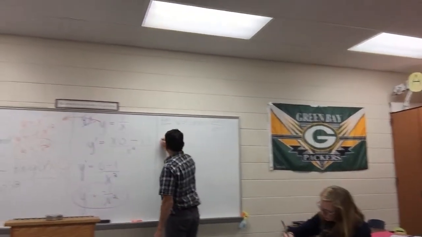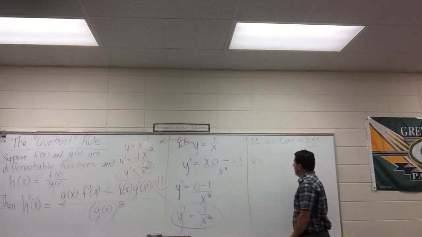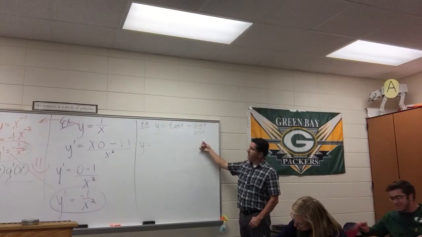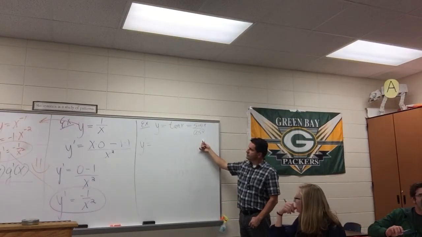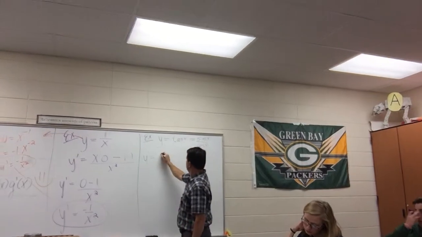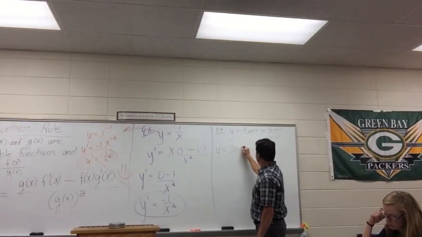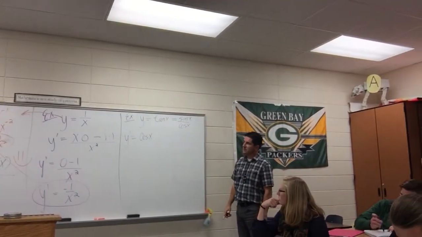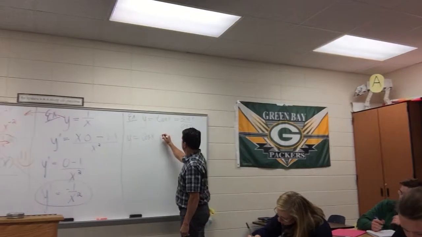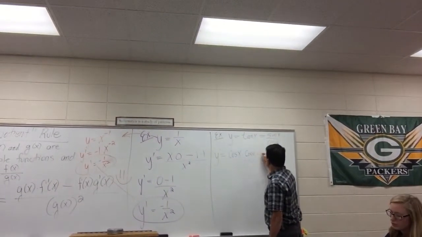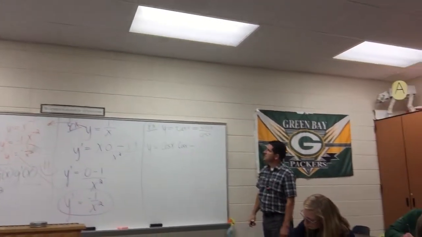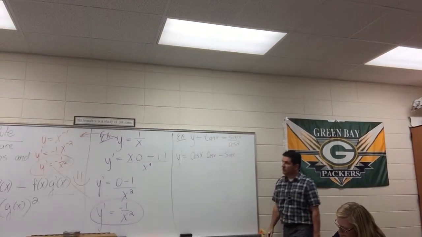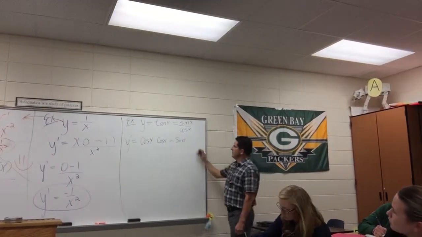So now this gets a little confusing, so hang with me here. What's the first one? Cosine of x. It's the g of x. So it's the cosine of x multiplied by cosine of x minus sine of x times negative sine of x.